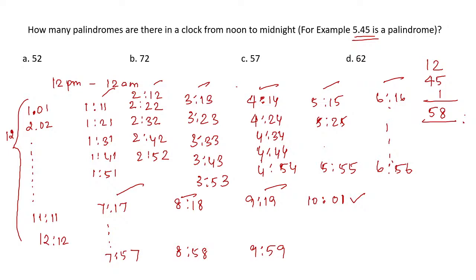Because these are the different palindromes that you can get from noon to midnight. Did we leave something? Can somebody answer? Did I leave something? Because it's greater than 57 and it's lesser than 62. So we might have missed, I think, 4 different possibilities. Kindly please check and tell me whether it's 62 or 57.